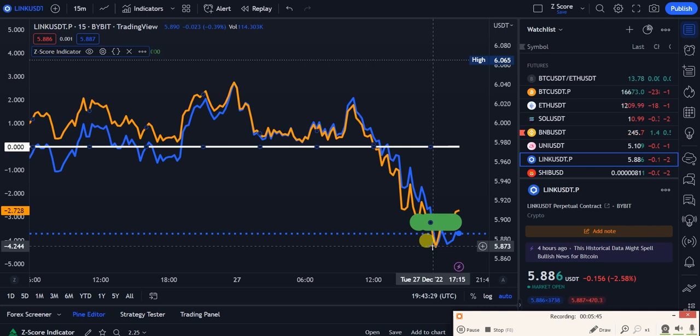For the 15 minutes chart, Chainlink was trading at more than 4 standard deviations away from its mean, which means it's like, I don't know, 99.9% or something away from where it should trade based on the historic data of the last 168 bars of 15 minutes.